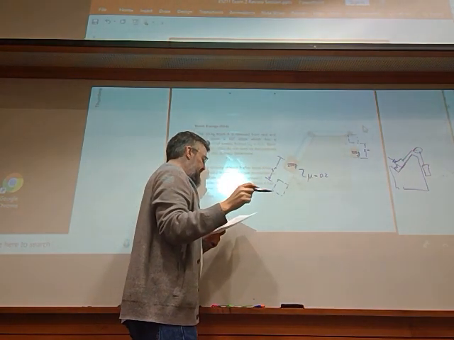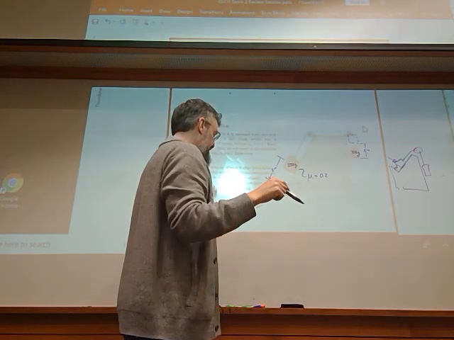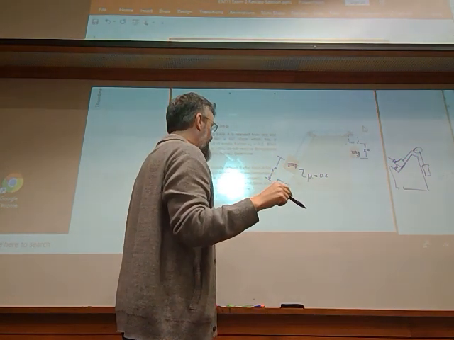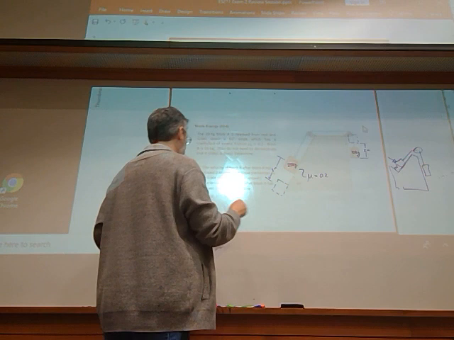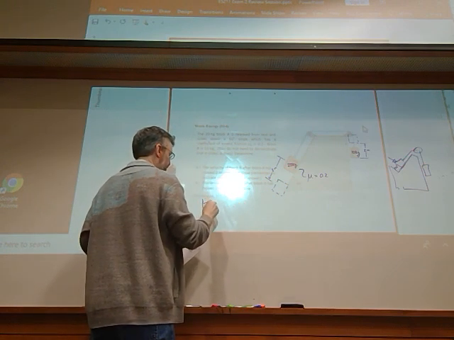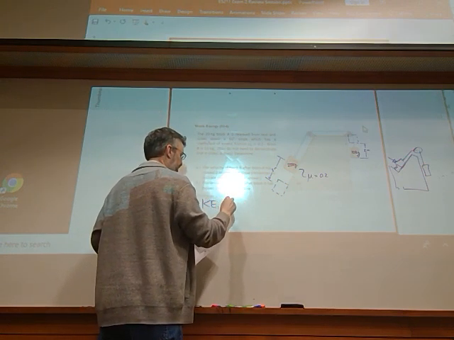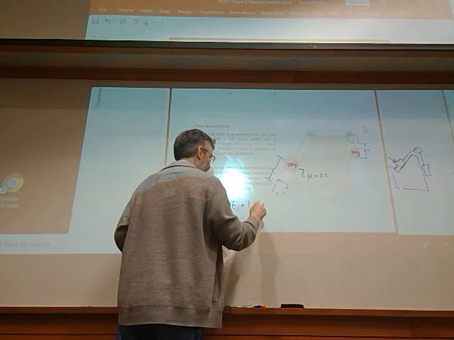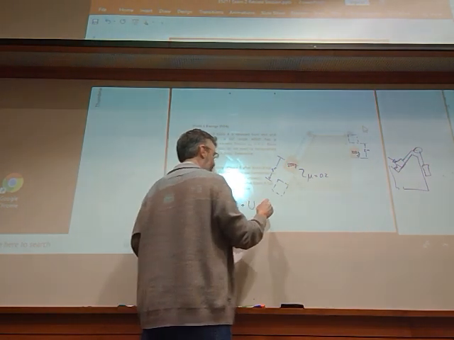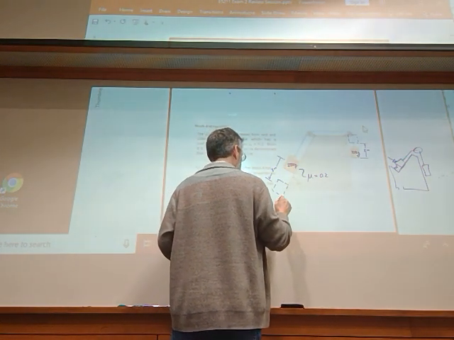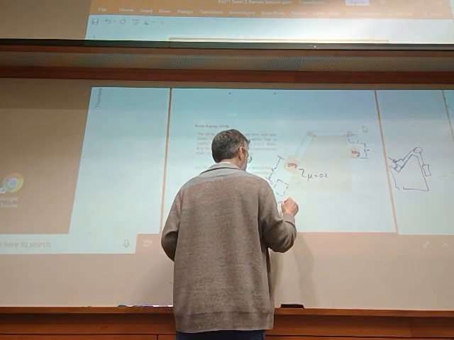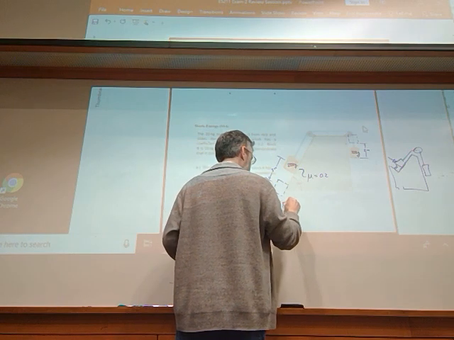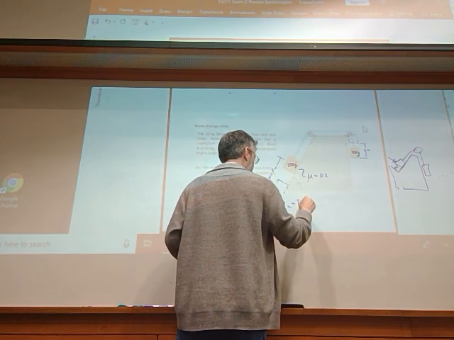The best way to approach any of these problems is to write out the big equation. KE1 plus PE1 plus any work that's external that's happening onto the thing is equal to KE2 plus PE2.